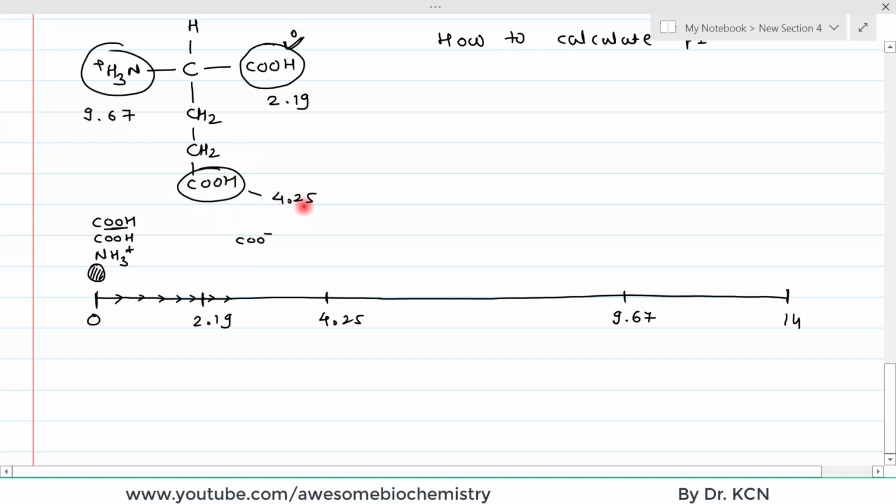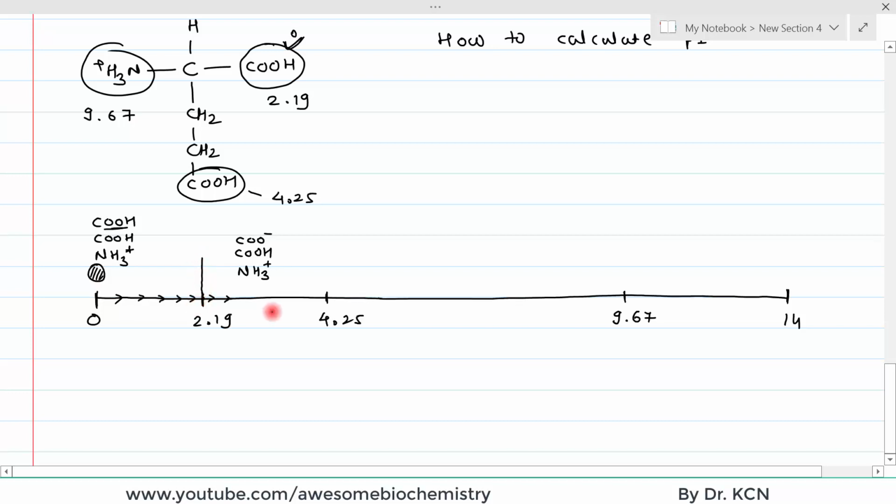Its pK is 4.25. So, this will be in the form of COOH, and this amino group will be in the protonated form, so NH3 plus. So, out of these 2 carboxyl groups, this one will get deprotonated and this one will remain protonated, and this NH3 plus will also be in the protonated form. So, this is the case.